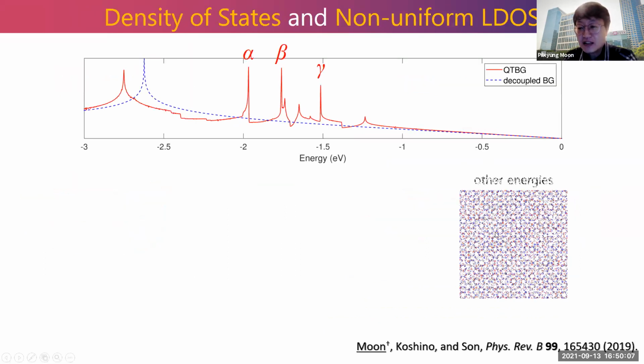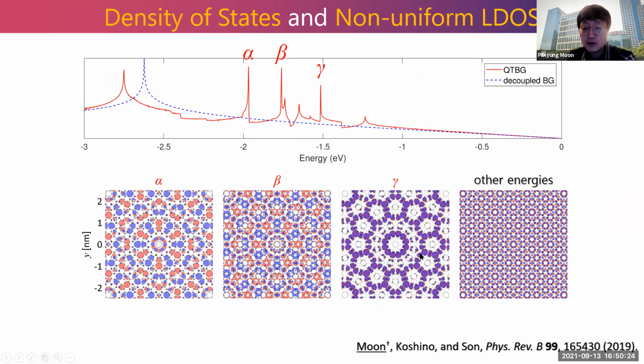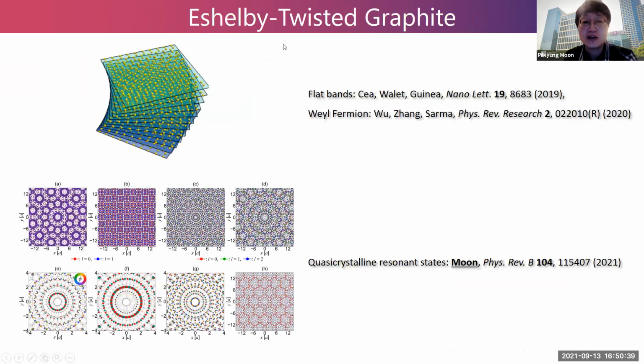At other energies, this is the real space electron distribution. At most other energies, electrons are uniformly distributed over the atomic sites. But the quasi-crystalline states are non-uniformly distributed and show quasi-crystalline local density of states. And we can easily expand this to three-dimensional structure, which is sometimes called twisted graphite.